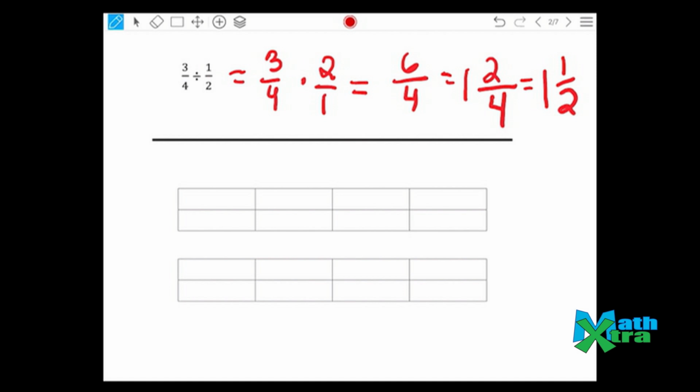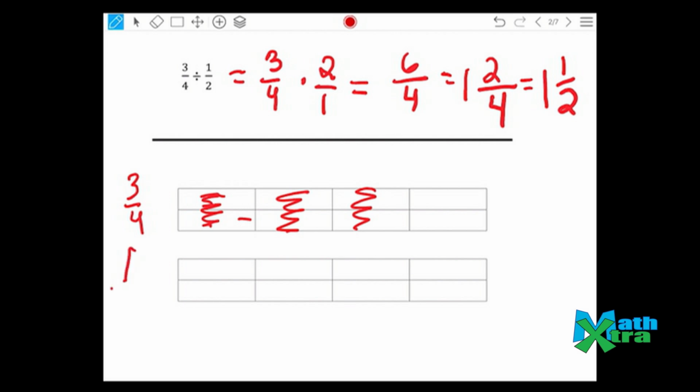So for this, we're making it a 2x4. It has 4 columns and 2 rows. Let's go ahead and represent 3/4, shading that in. So this model represents 3 squares shaded in out of 4.